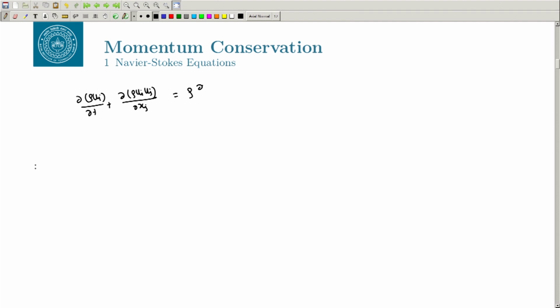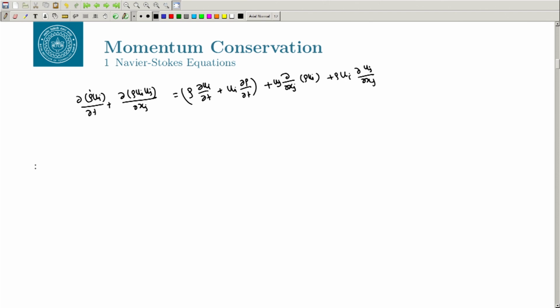Okay. So, this will become ρ ∂u_i/∂t plus u_i ∂ρ/∂t, right. This is the first term, and the second term, if I take the ρu_j together, ∂/∂x_j (ρ u_j), okay, and plus you will have ρ u_j ∂u_i/∂x_j, right.